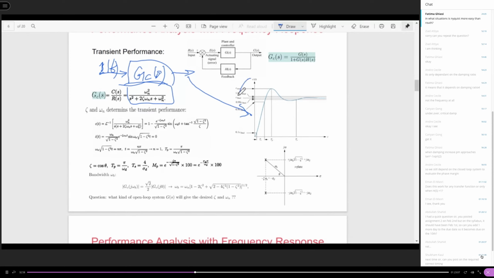On this unit step response, we define the transient performance, and we know that this transient performance is very well characterized by two parameters. One is the damping ratio, the other one is the natural frequency. That's what I mean here.